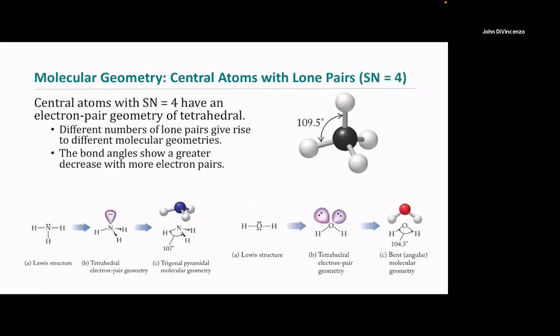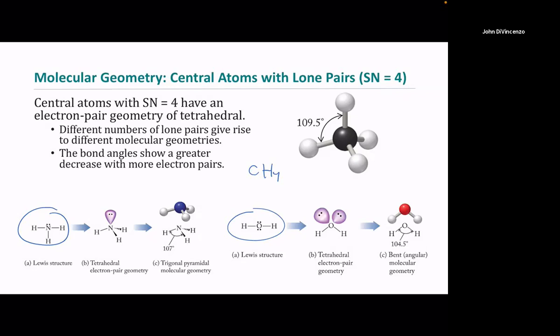Okay, let's do steric number 4. I thought methane was on here too. It's just ammonia, water. We could say ammonia, water, and methane. All of them are tetrahedral electron pair geometry, but their actual molecular shapes are different.